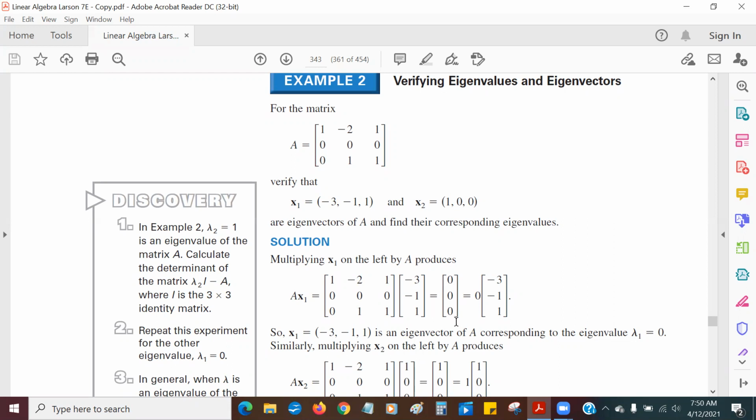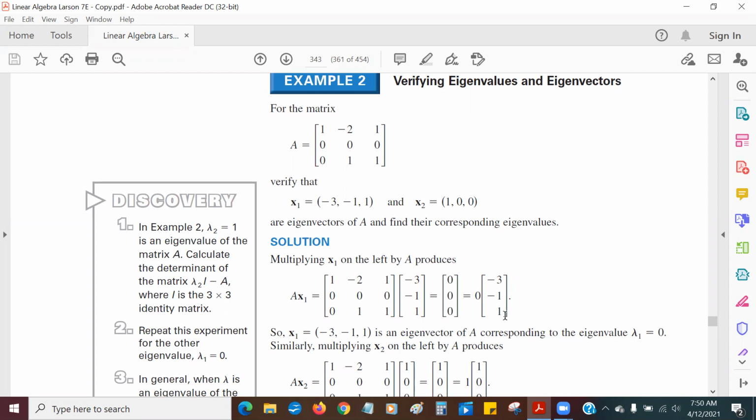Now, we said you can't have a 0 vector. You could wind up with a 0 vector, you just can't start out with a 0 vector. But I could factor out the 0, so to speak, and I get 0 times my original vector, negative 3, negative 1, positive 1. Of course, I could have put any vector in here because I'm multiplying it by 0, but technically it is 0 times that original vector.